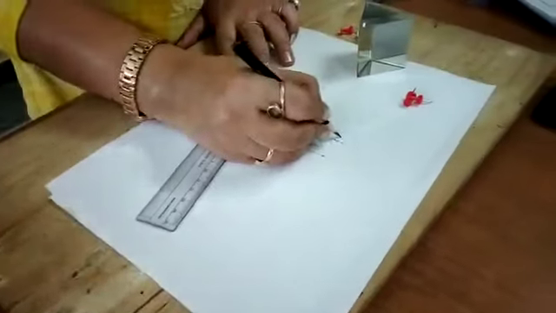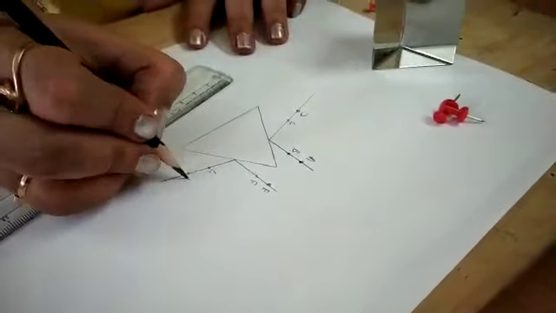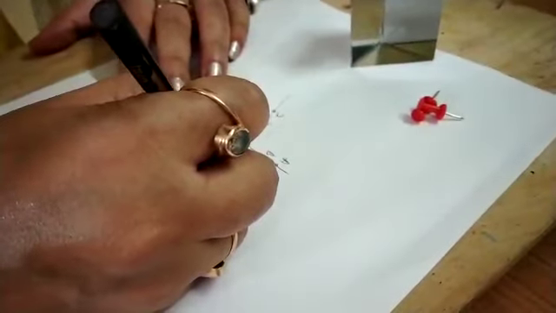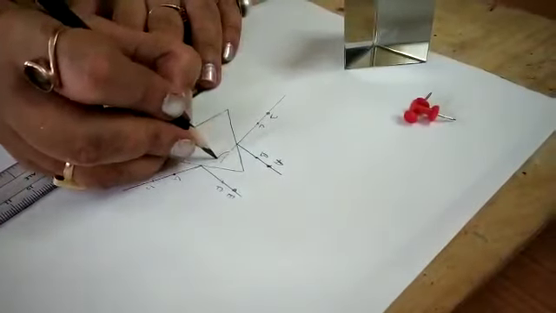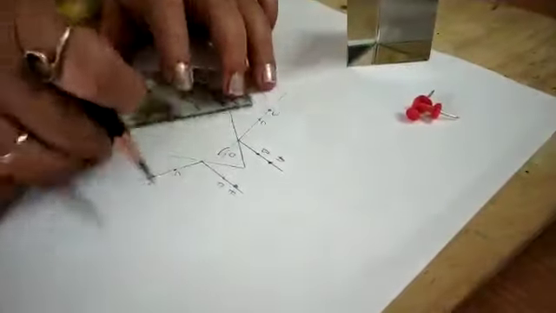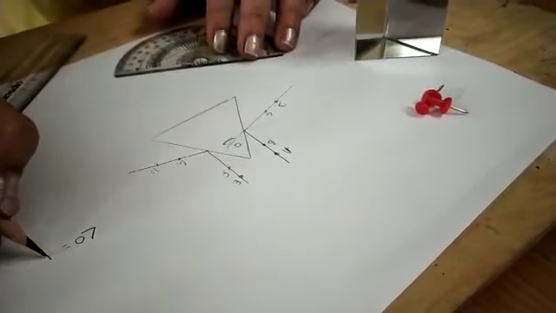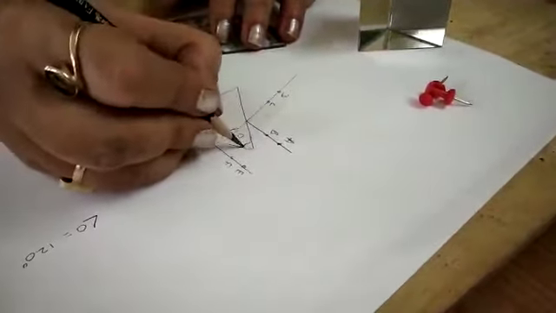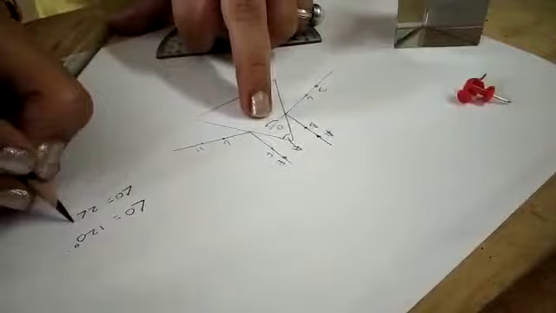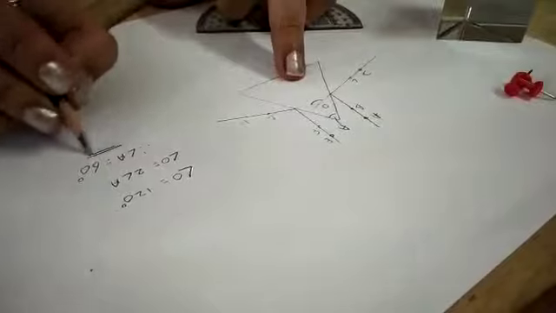So, I am naming these A, B, C, D, E, F, G and H. Next I will extend this backward, and I am getting an angle O. Now I will measure how much is this angle. After measuring, suppose this angle O comes out to be 120 degree. This is your angle of prism. We know that angle O is twice of angle A. Therefore, angle A will be 60 degree. So, this is the value of angle of prism.